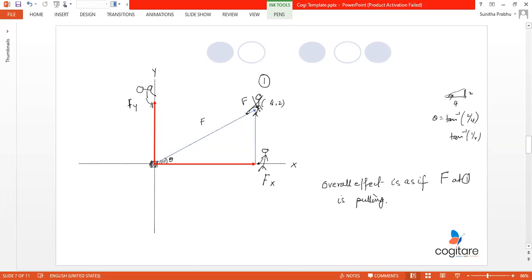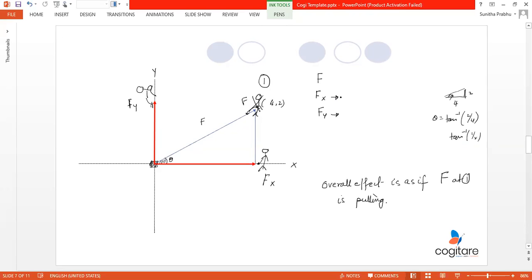Yes, sir. Then my question to you is, what do you think about the magnitude of F, Fx and Fy? Which will be big, which will be small? Fy should be greater, no, sir?